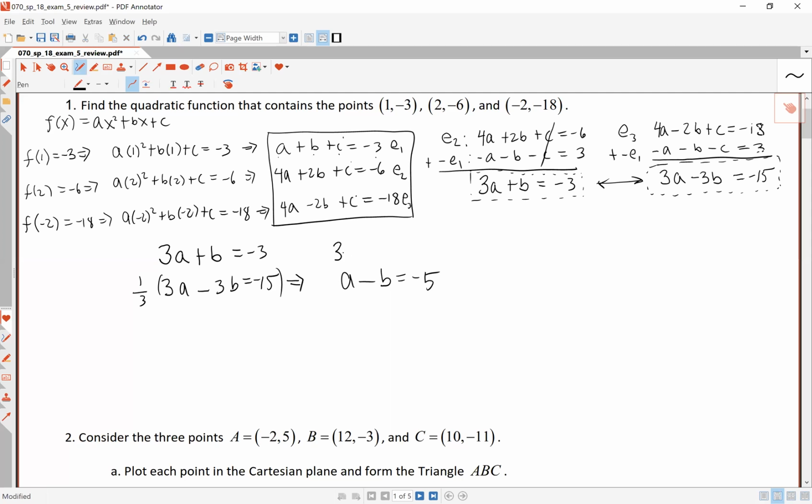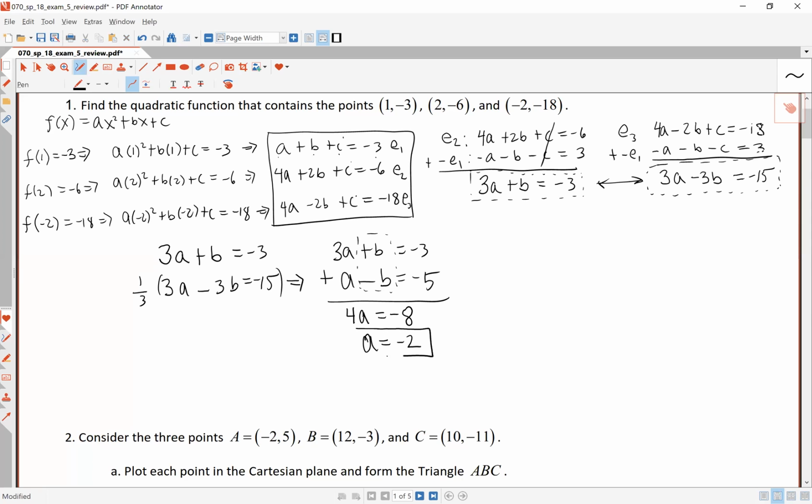First equation is 3a plus b is negative 3. And now we have these plus b and minus b's. We add those two equations together and we get 4a is negative 8. That looks like a nice answer. A equals negative 2.